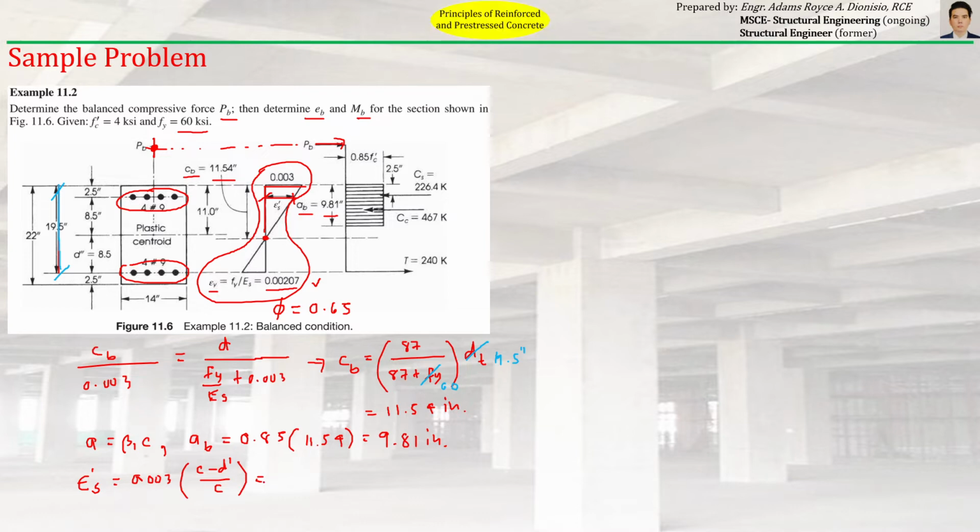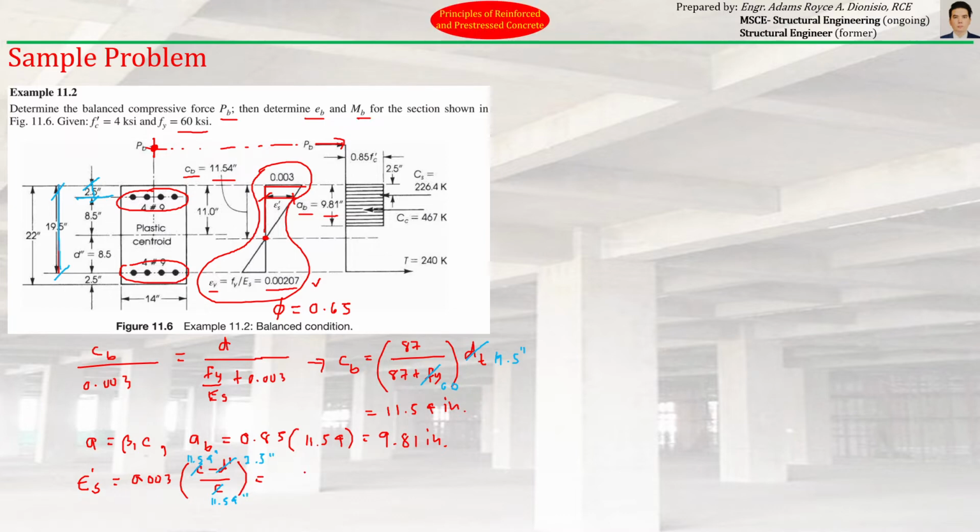So, let us just change them. Yung c natin, 11.54. Ang d prime natin, according dito sa problem, is this distance from the compression reinforcement to the extreme compression fiber. That is just equal to 2.5 inches. Puro inches yan lahat.